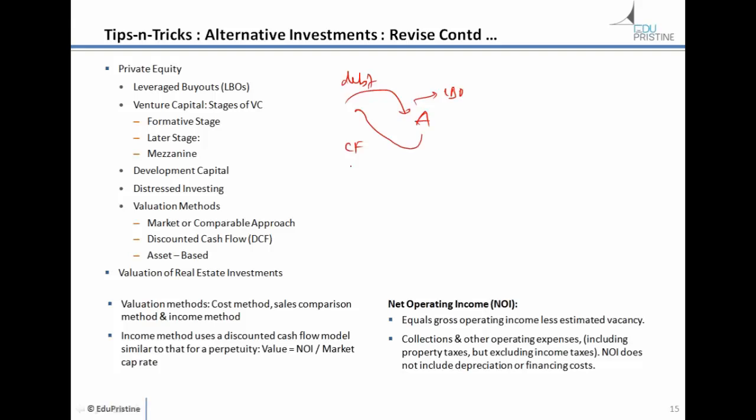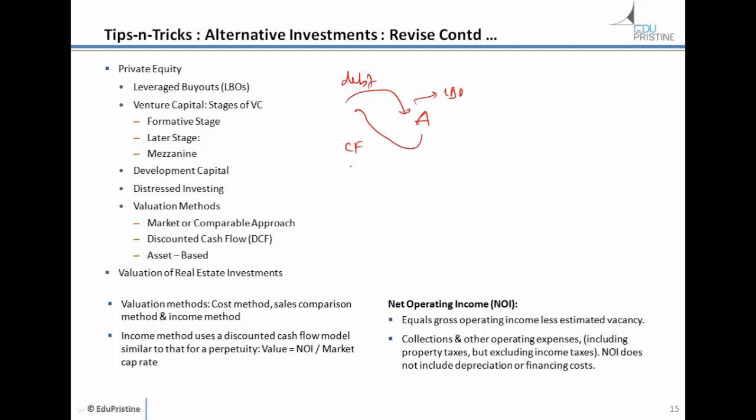Now before I move on to another kind of investment, which is the real estate investment trust, one must be very aware that in alternative investments, much of the questions are more to do with the theory part or the conceptual part. Only sums will be tested on valuation of real estate investments.